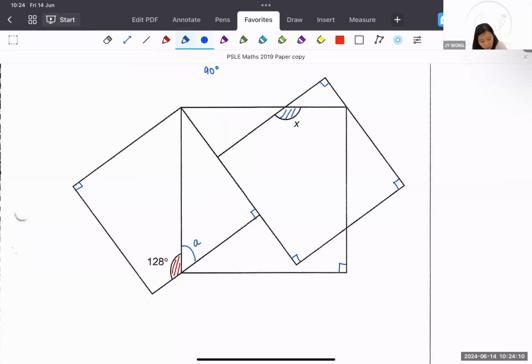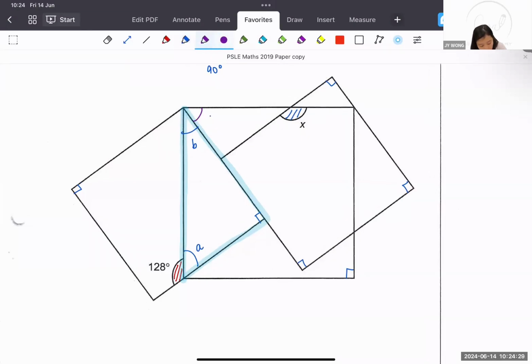After I get this as A, you will see that this is a right angle triangle. Because of 90 degrees, then you can find angle B. Then after that, once you find angle B, you can find angle C, because this is 90 degrees.